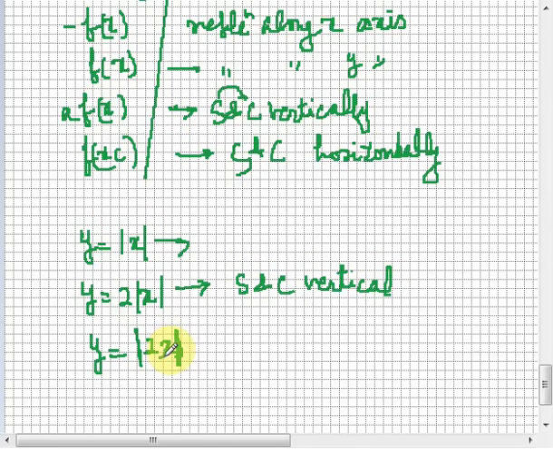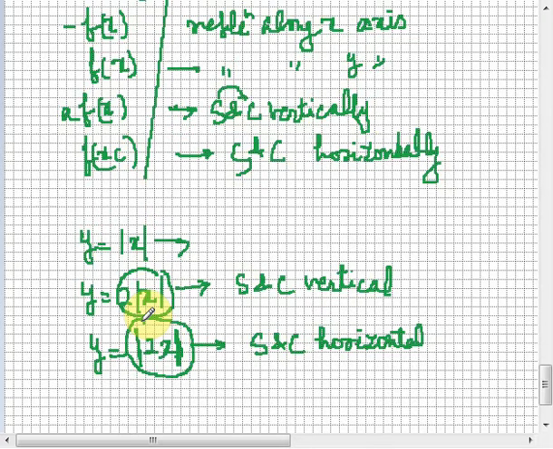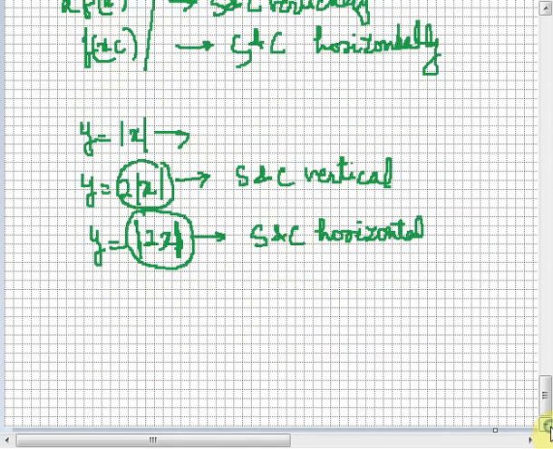Here x is multiplied by 2, so it is S and C horizontal, right? But the values of mod x and mod 2x are the same. So what is the meaning? How do we understand whether it is vertically compressed or horizontally compressed?